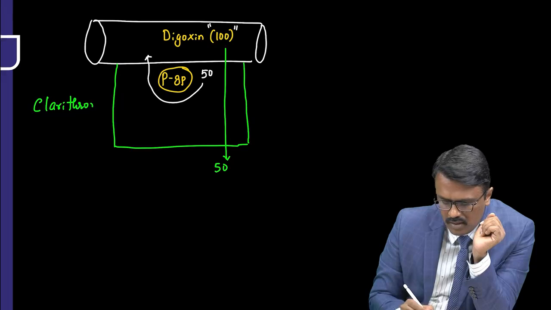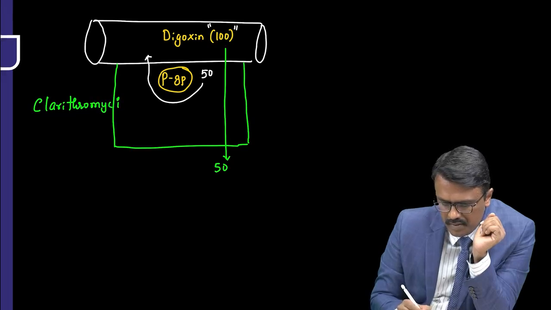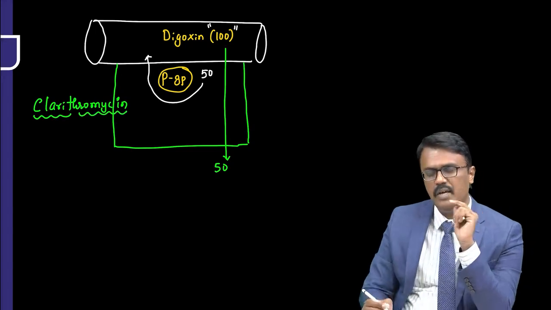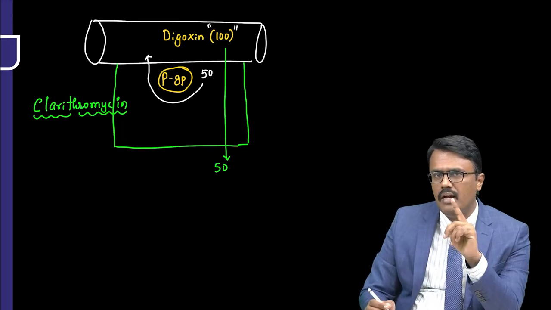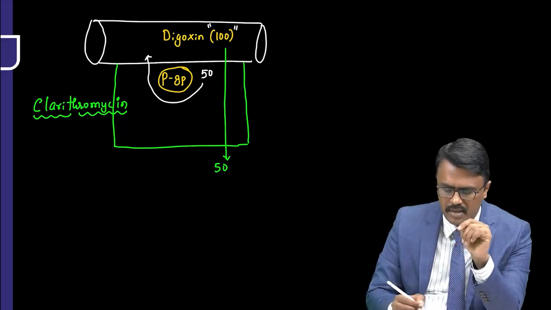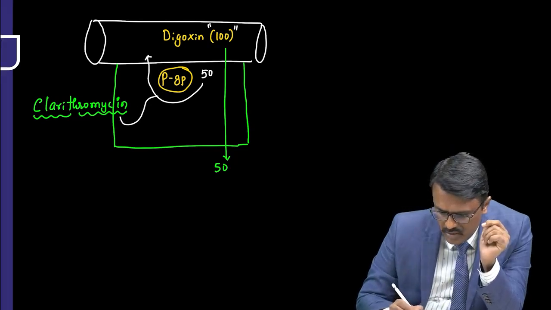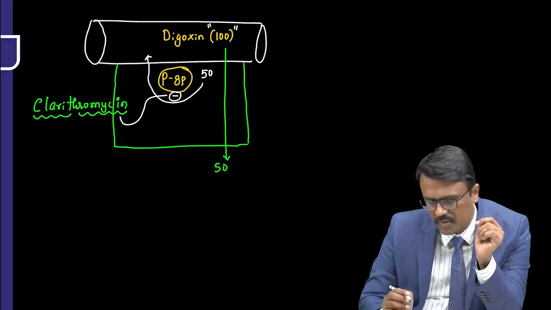There is a drug called clarithromycin. This clarithromycin is an antibiotic. Now if I combine this with digoxin, what happens? The role of clarithromycin is to inhibit P glycoprotein.